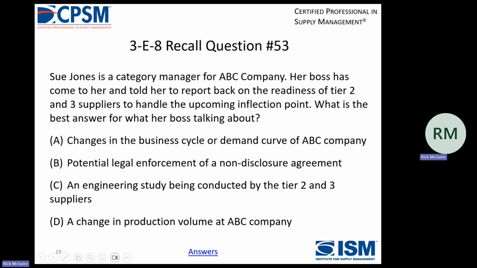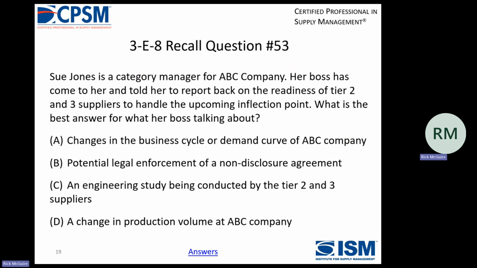All right. Sue Jones is a category manager for ABC Company. Her boss has come to her and told her to report back on the readiness of tier 2 and tier 3 suppliers to handle the upcoming inflection point. They're getting ready to ramp up. So what is the best answer for what her boss is talking about?